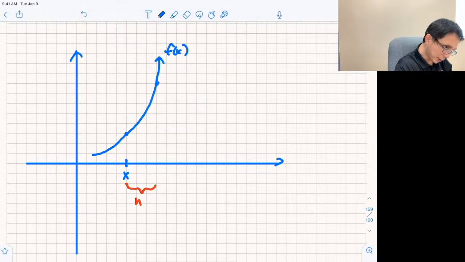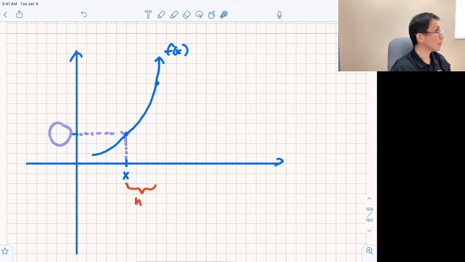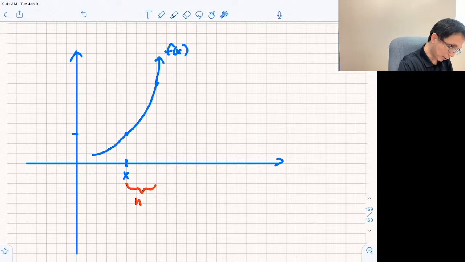What do you think the output is? If this is x, what is this name? Y, but y is also known as what? F of x, good. So this coordinate is going to be called x comma f of x. Does that make sense?